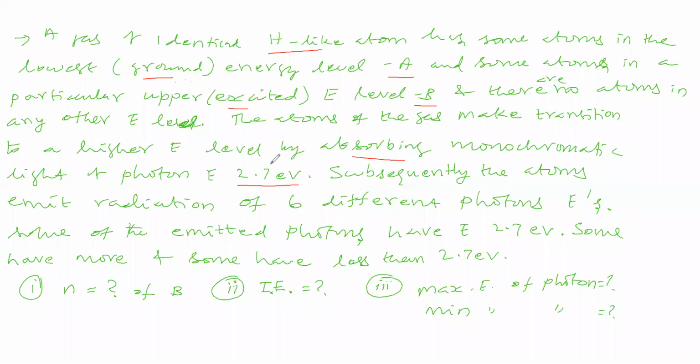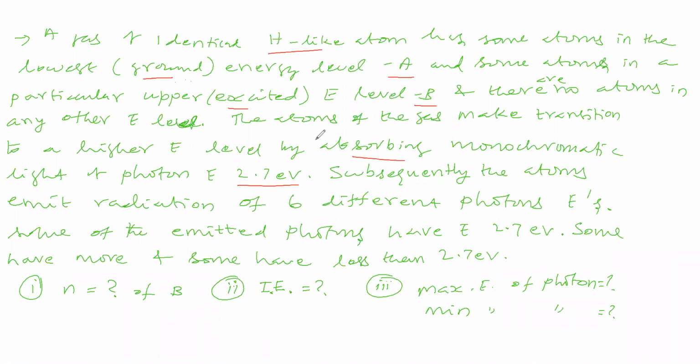In the gas, which atoms are absorbing? Level A or level B? Which shall we say? We do not know whether level A is absorbing or level B is absorbing.